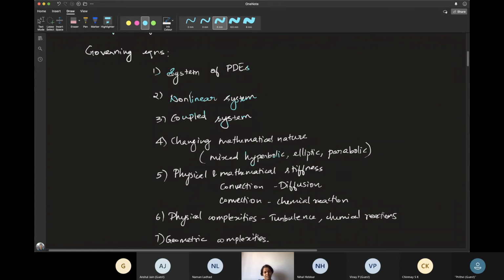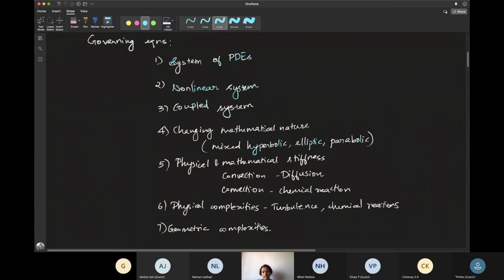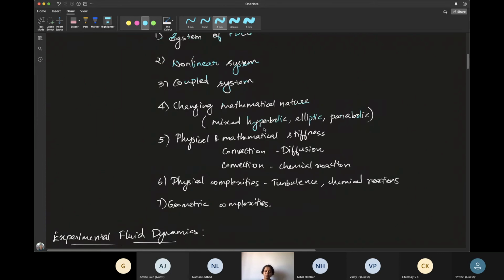That is, your system of PDEs may have a hyperbolic nature in some region of the flow, in some other region it may have an elliptic nature, and in some other region a parabolic nature, and so on. So the mathematical nature of your system can change in different regions of the flow. In a single problem, you can have different types of PDEs.